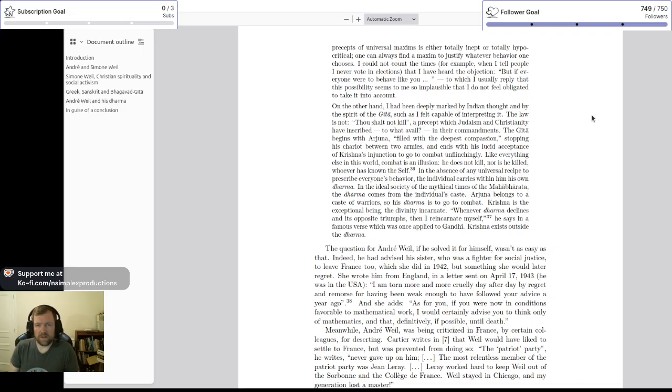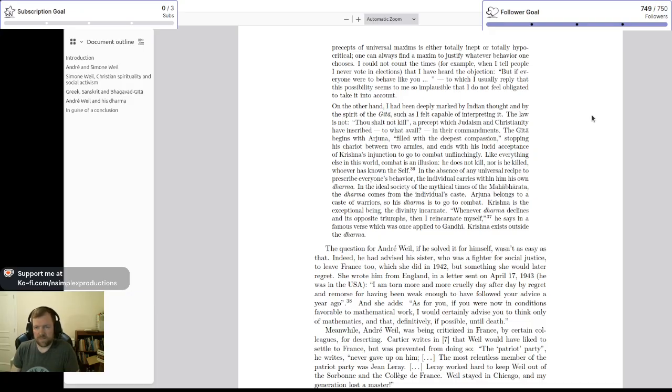On the other hand, I have been deeply marked by Indian thought and by the spirit of the Gita, such as I felt capable of interpreting it. The law is not, 'Thou shalt not kill,' a precept which Judaism and Christianity have inscribed in their commandments, but to what avail?